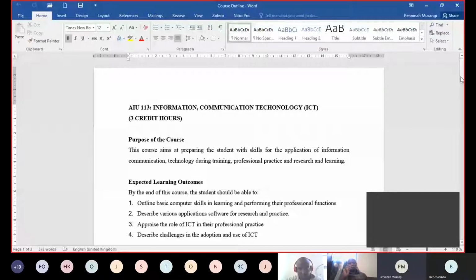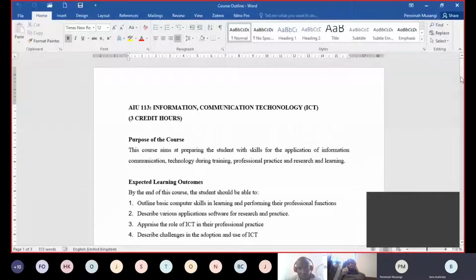If the pandemic ends, we'll have a face-to-face session, especially because we are supposed to have some practicals. If that is not possible, I'll see how to engage you in the practical. You can do it and maybe present, and I see whether you get the practical aspect which is to be achieved in this course.